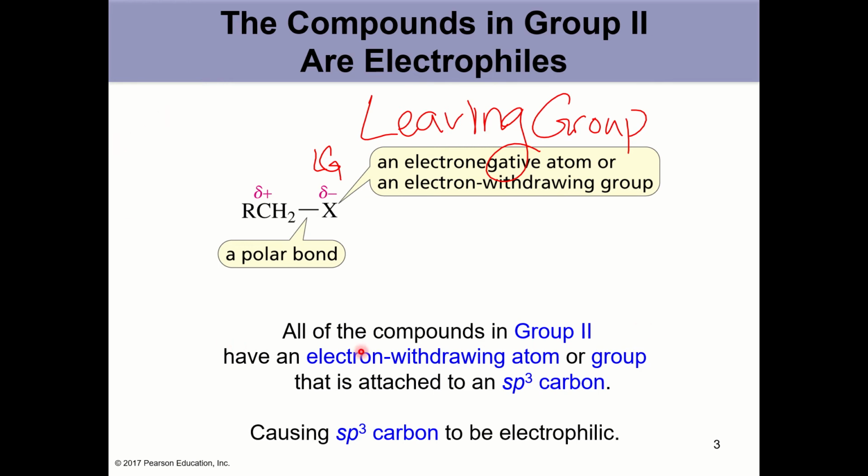All of the compounds in group 2 have an electron withdrawing atom or group that is attached to an sp3 carbon, and this causes the sp3 carbon to be electrophilic. So we're going to be covering reactions where we have a nucleophile that is reacting at this electrophilic carbon, and when carbon makes a new bond, it has to lose a bond that is already present, and so we have a good leaving group that is attached to the carbon, and the leaving group is the electronegative atom that is part of the polar bond and causes the carbon to be electrophilic.